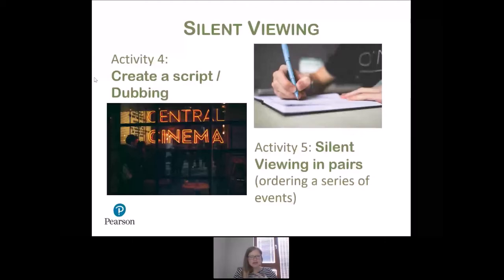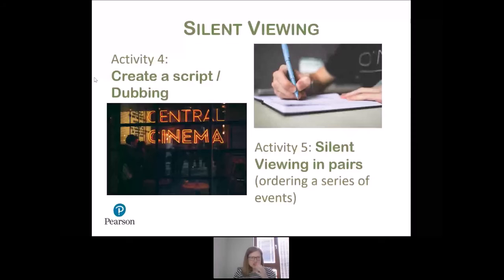So the idea in silent viewing in pairs is that you put your students in pairs. Always one student, let's say student A, goes and watches a video without the sound. Student B cannot see the video. So one of them watches the video, the other one is sitting with their backs to the screen, for example. And once the video finishes, the students come together again, and student A should start describing what he or she has just seen in the video.